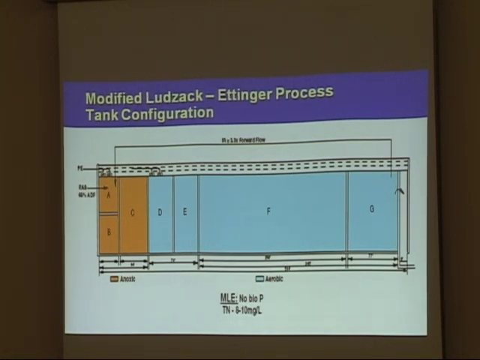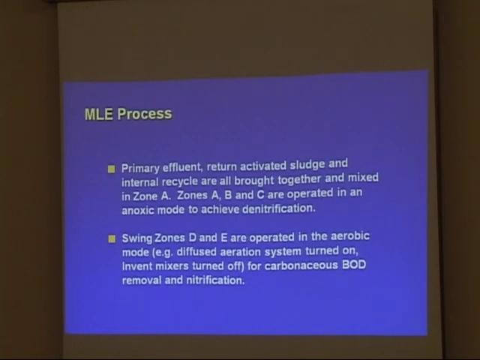So as we said, we started out in October in the MLE process, but as winter came in, it became more difficult to maintain nitrification, and we ultimately ended up over in the AO mode.